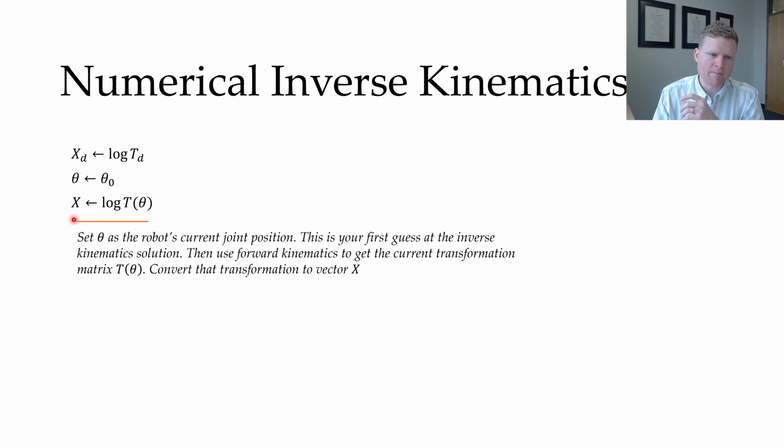Again, I map that back into one of these 6x1 vectors, and I'll call that x. As a recap, x of D captures the desired transformation matrix, and x captures my current transformation matrix. Theta is my robot's initial joint position.